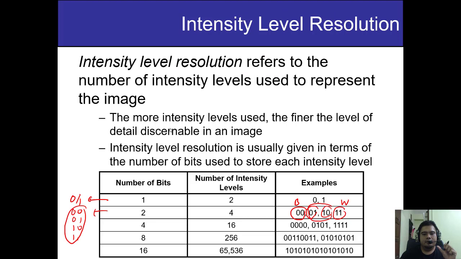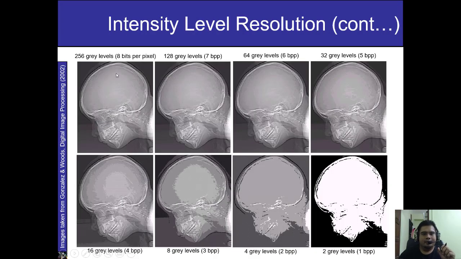So by reducing the intensity level from 8 to 7, 6 and so on, you are reducing the available colors. Now, by reducing the intensity level resolution of this same image of a skull, you can see the available color has been reduced.